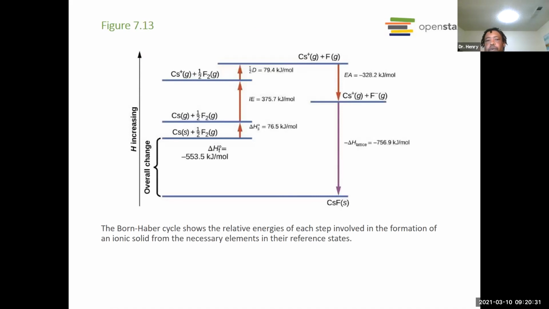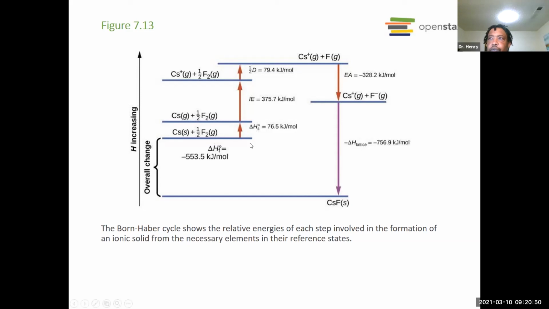Okay. So there's another way of calculating the energy associated with a chemical equation, and that's basically using the Born-Haber cycle. What you're going to do is break down each of the different components.